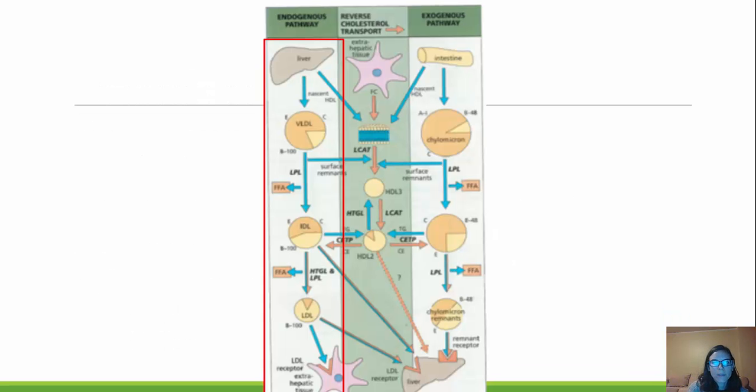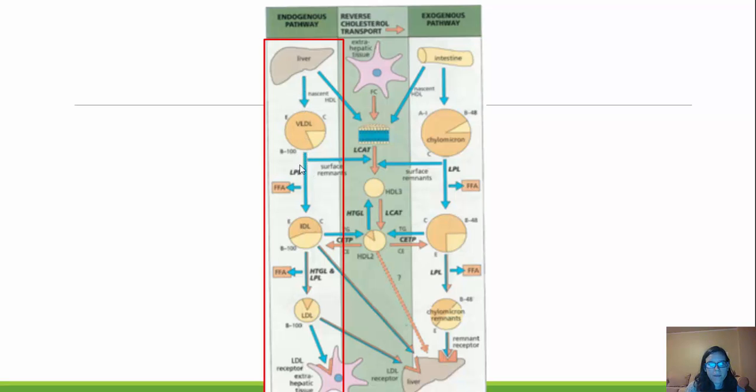Okay, this is a little bit blurry, but we've already talked about this pathway on the right, with our chylomicron and chylomicron remnant going to the liver. And then we have this endogenous pathway, from all of our triglycerides that were synthesized in our liver from other sources. We have it packaged into VLDL.